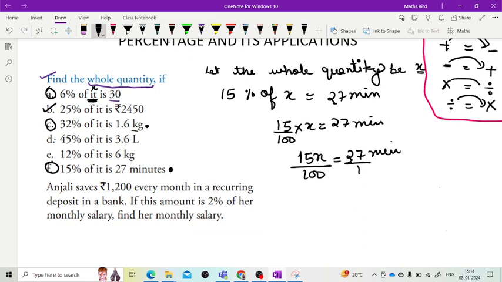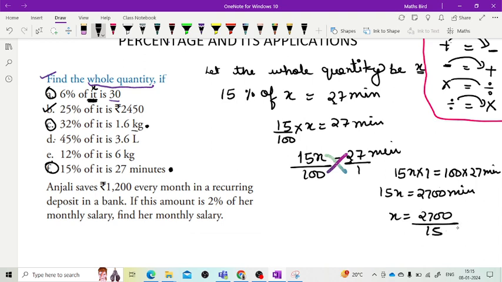We can write 27 as 27 by 1. Now cross multiply. Then what will we get? We will get 15x multiplied by 1 is equal to 100 multiplied by 27 minutes. It will be 15x is equal to 2700 minutes. x is equal to 2700 upon 15 minutes. Right? When you solve this, you will get the whole quantity.